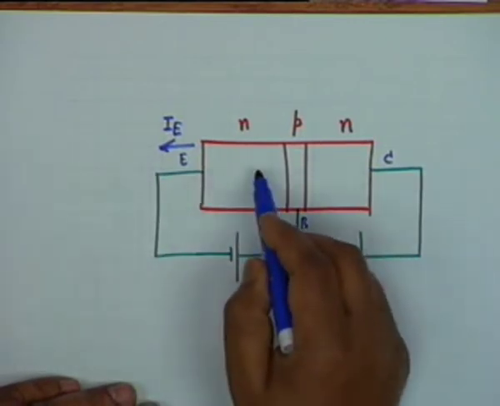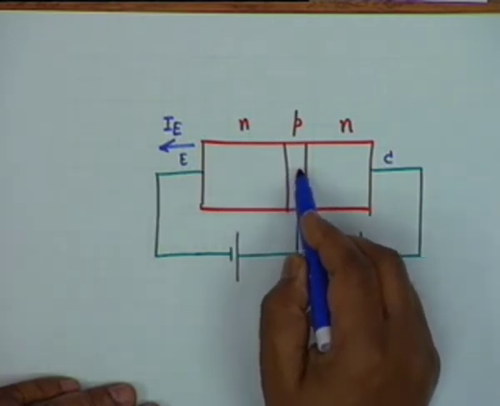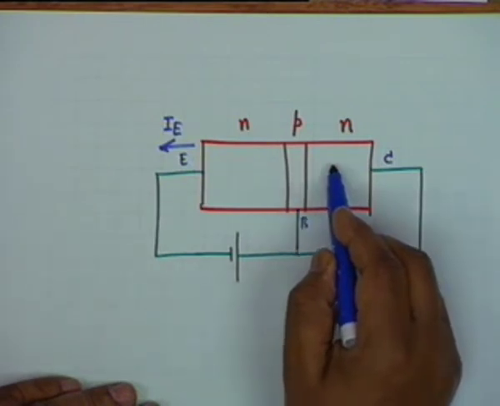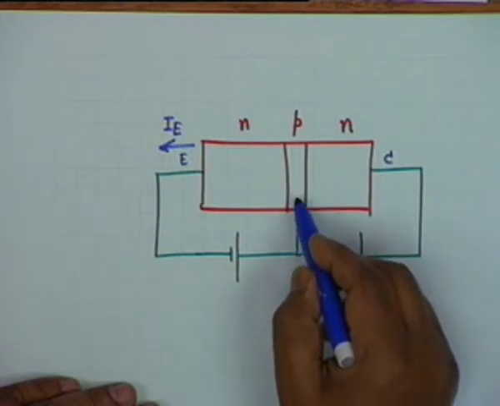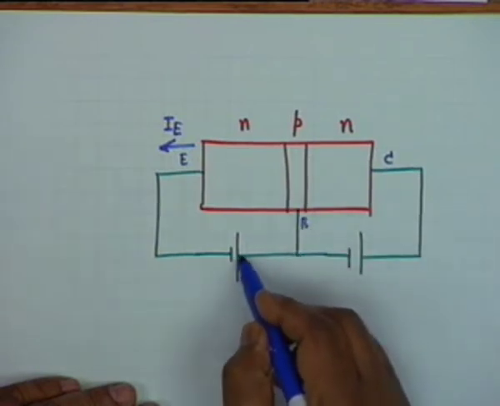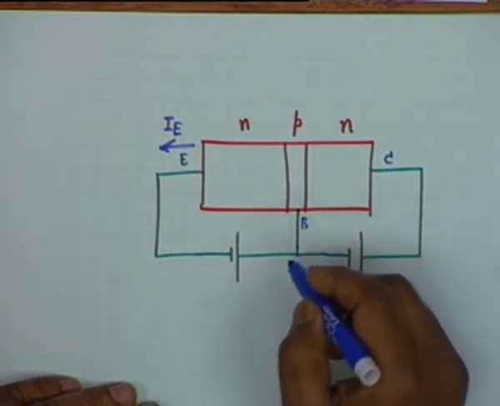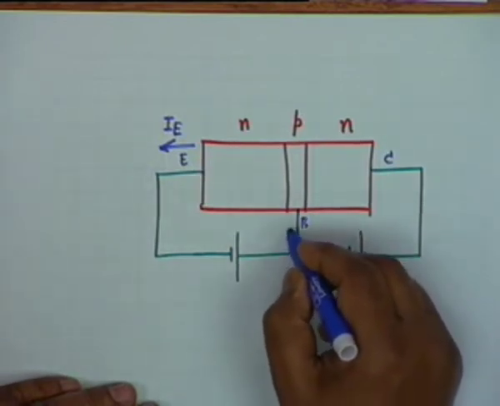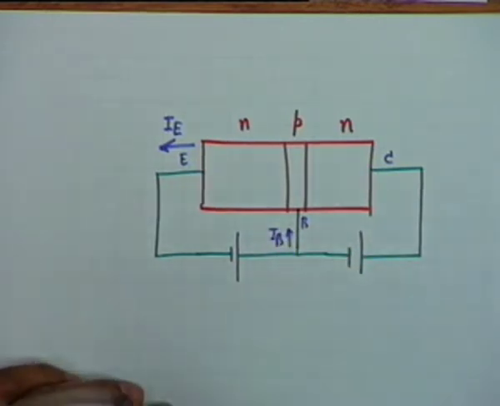Now these electrons cross over to the n region. Some of them get lost, some of them recombine, which means that it is as if this positive terminal collects them, and therefore electrons passing like this means that a base current flows like this, I sub B. Is that okay?